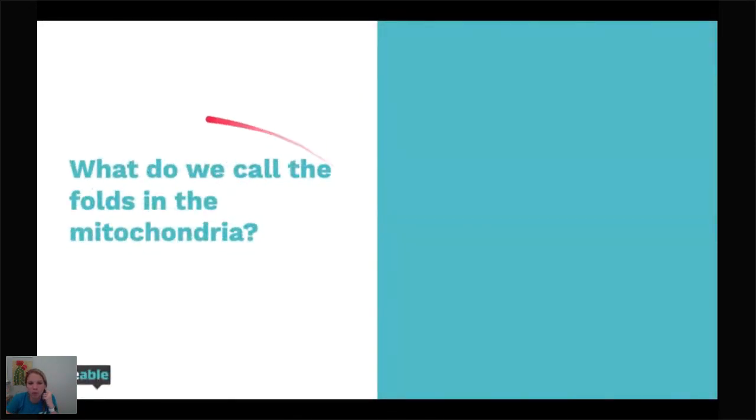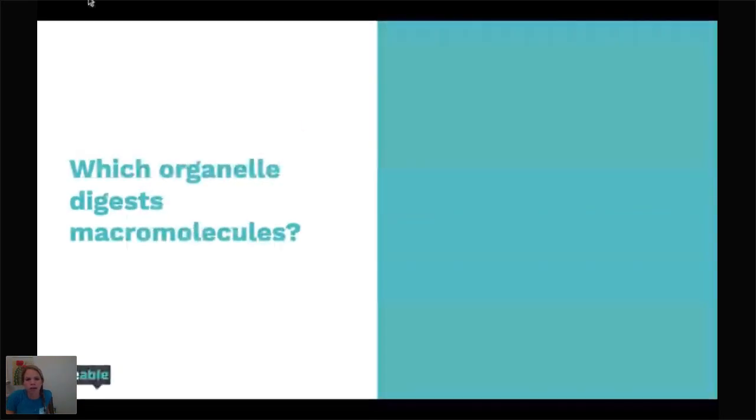And what do we call the folds in the mitochondria? These things, what do we call those? What do we call these infoldings? Cristae, very, very good. So we call those cristae. And which organelle digests macromolecules?